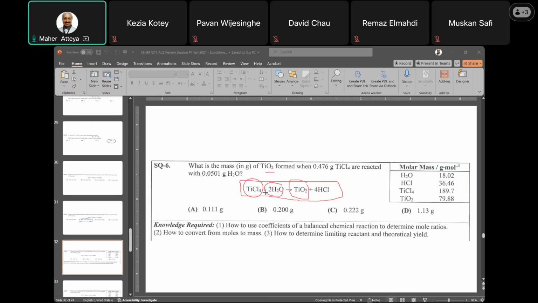So the first step is to transfer the grams of H2O to number of moles, correct? And transfer this to number of moles. And then if you have those moles, their molar mass is given to you. You take the mass here of H2O and divide it by 18, the molar mass, to get the moles.